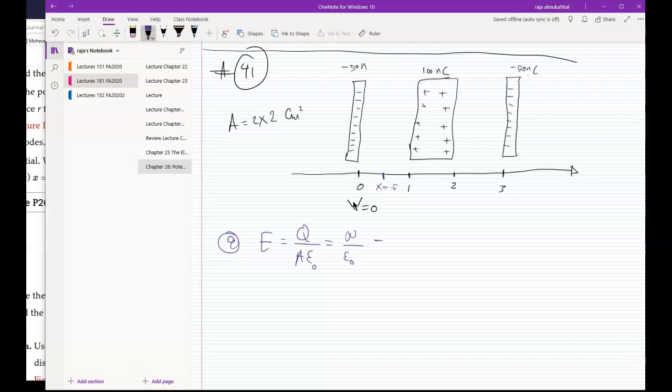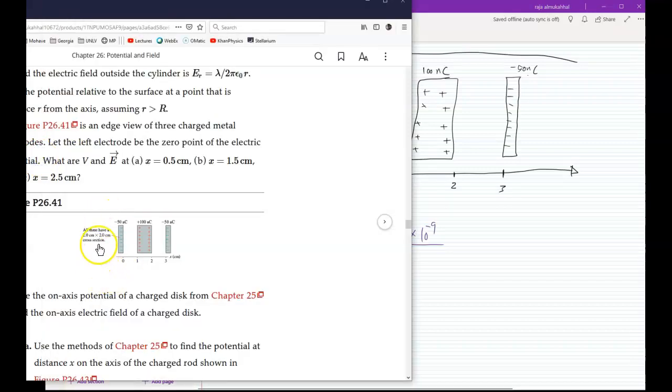So what do I have in here? I have the charge here, 50 times 10 to the negative 9, divided by the area. Well, the area we said is 2 by 2. Hold on, let me just get the area correctly. 2 by 2, that should be 4, right?